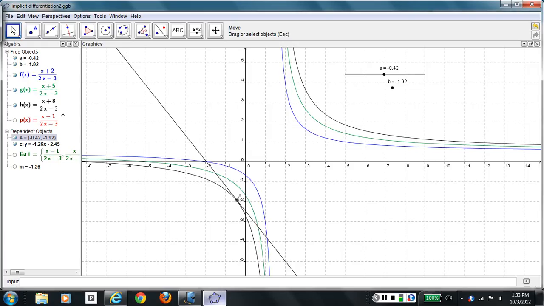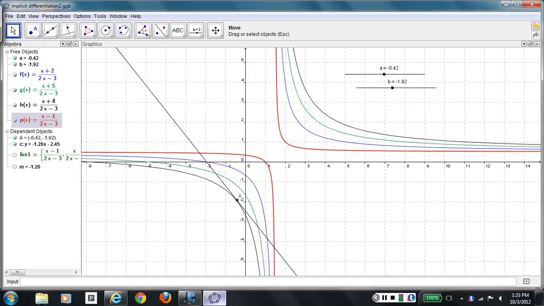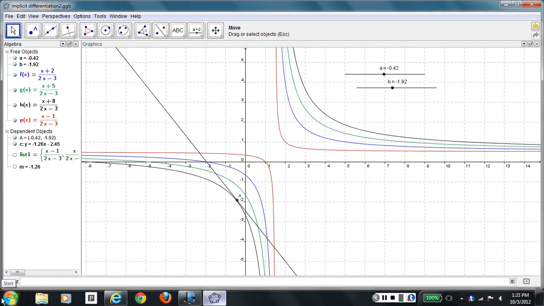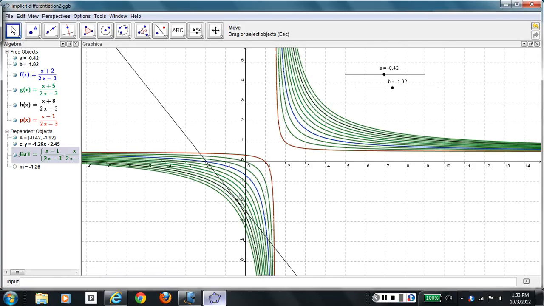Or we could do, I had one more, but then there's a nice way where, try it sometime, you can define a sequence of whatever you want, sequence of points, sequence of curves. And so I just did a bunch of them, a whole family of curves, and all I'm doing each time is changing that number.